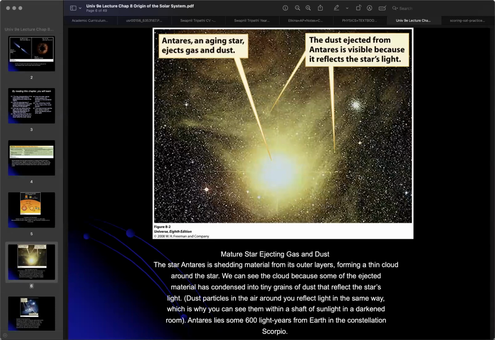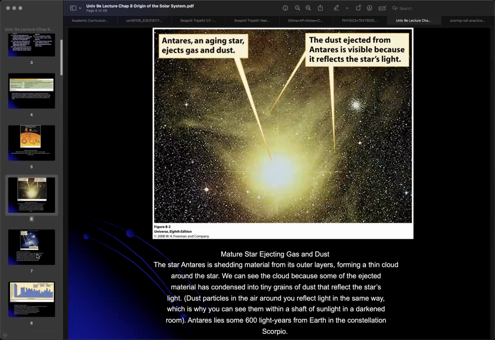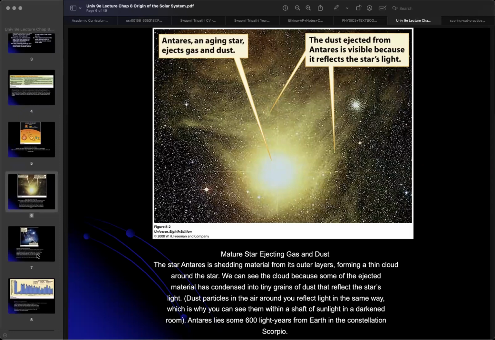And in that process, elements are recycled and heavier elements are formed. Heavy elements like iron, nickel, uranium, gold, silver, all of these are made by repeated processes of the death and birth of stars.